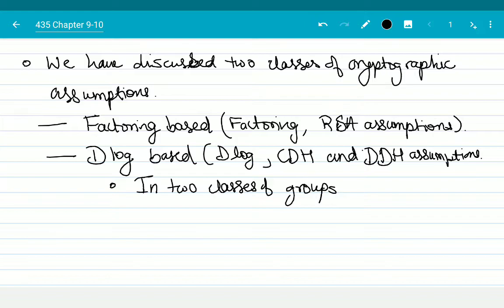I also talked about how all these problems are hard, right? As in they have no polynomial time algorithms. But how hard are they?